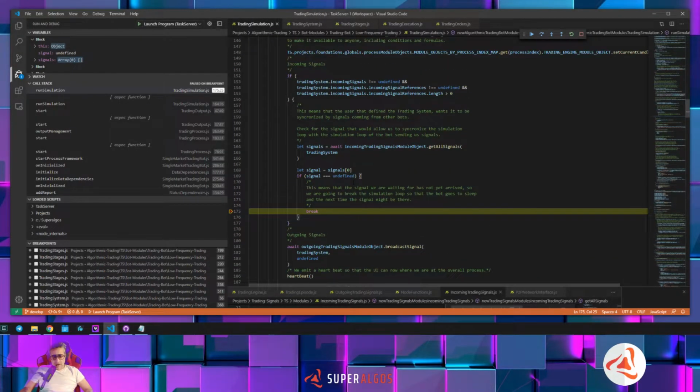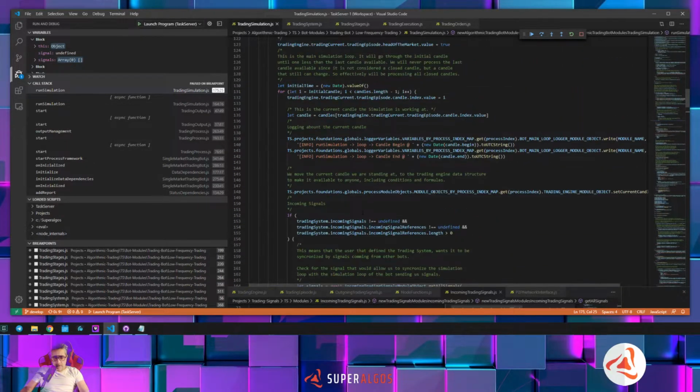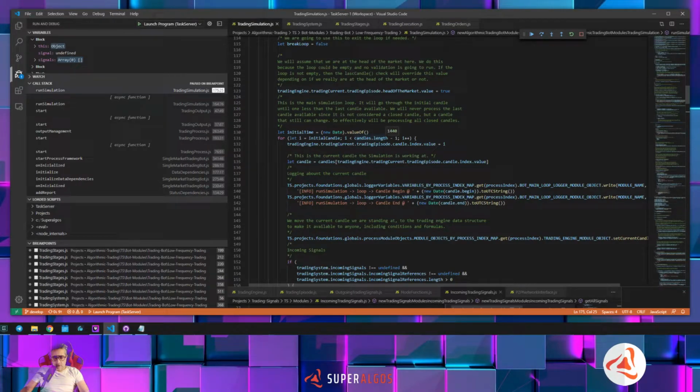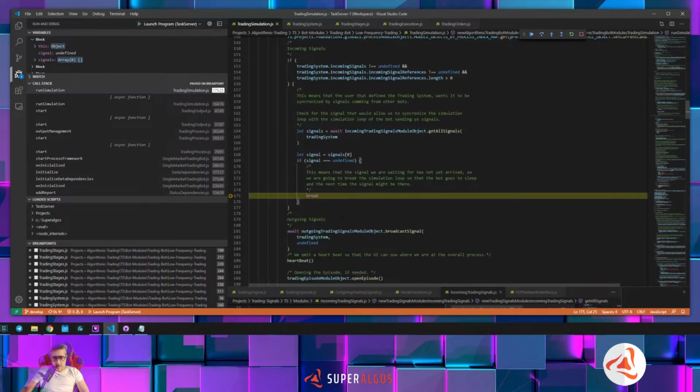For some reason, this didn't find a signal here, which is a little bit strange. Maybe something happened when this entered debug mode. The signal doesn't arrive. But whatever the reason, we are in the situation in which we are going to be exiting the cycle.